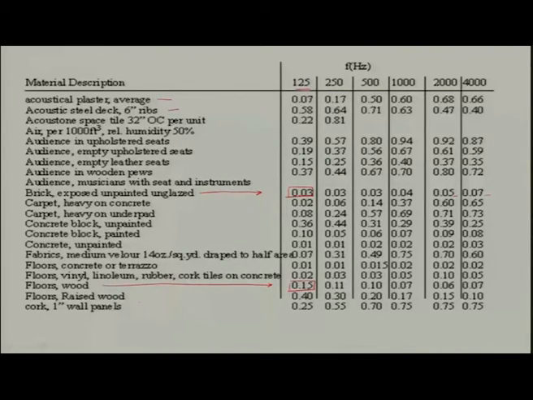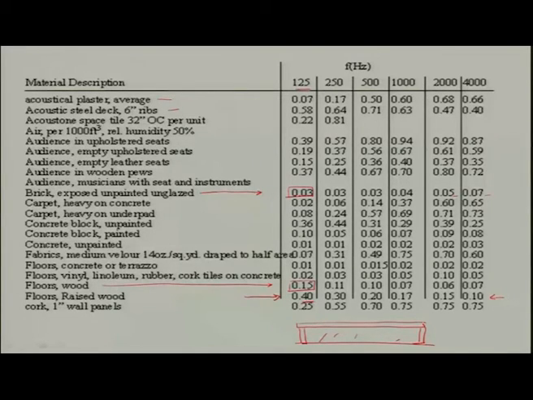So, if you make a floor, and where you have raised wood, what does raised wood? It is like this, and then you have some gap here. So, there is some hollow stuff here. Then this type of wooden floor absorbs 40% energy at low frequencies, and at higher frequencies that absorption coefficient becomes 10%.